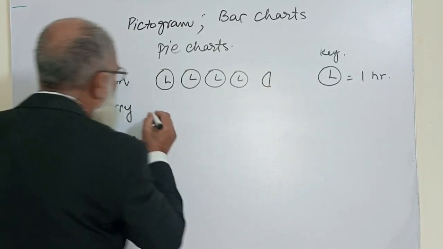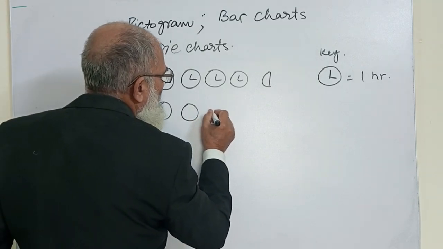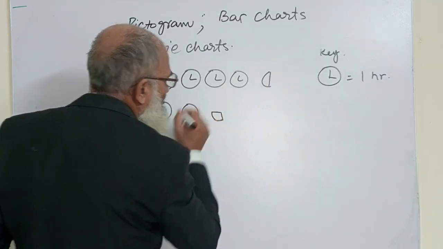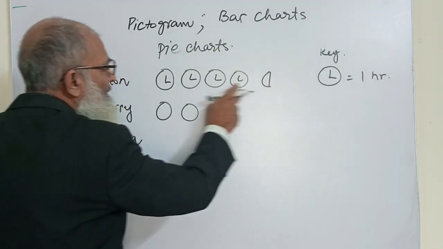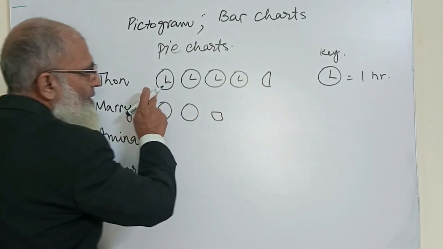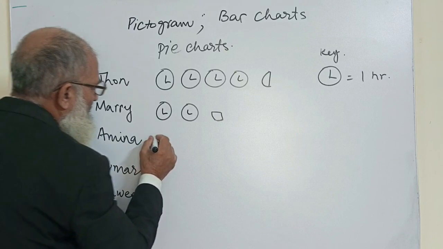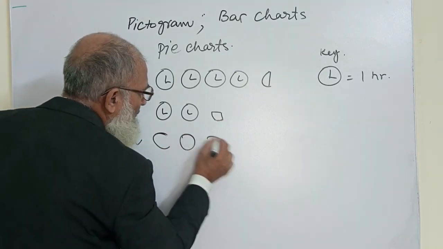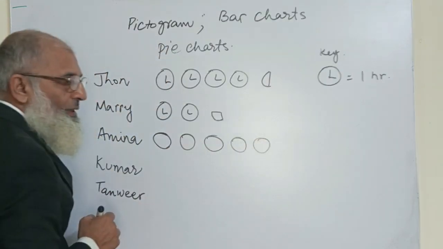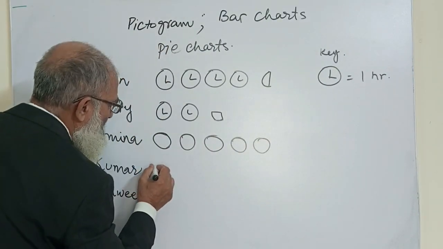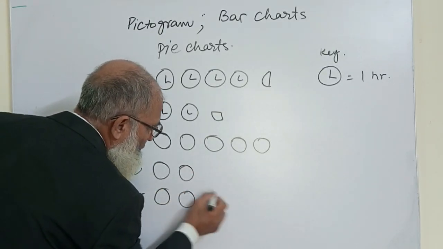And if there is a quarter, now you see I'm going to draw a quarter watch over here. That means 15 minutes. So 15 minutes, 30 minutes, and 60 minutes. Similarly, we can do it like this. Now all these are telling us how many hours these people are talking on the phone.